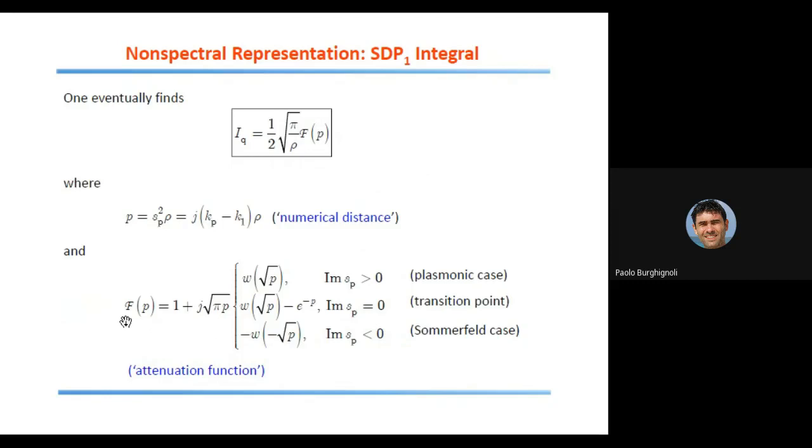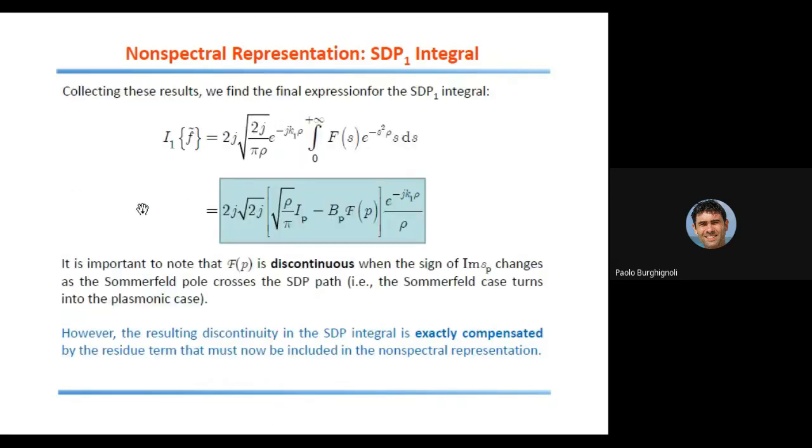This attenuation function is defined in terms of the Faddeeva function W, and its argument P is the so-called numerical distance, which, as you can see, is an adimensional quantity, the product of the radial distance ρ and the distance in the complex plane between the Sommerfeld pole and the wave number k1, that is the branch point k1.